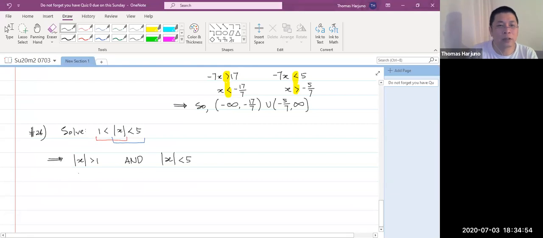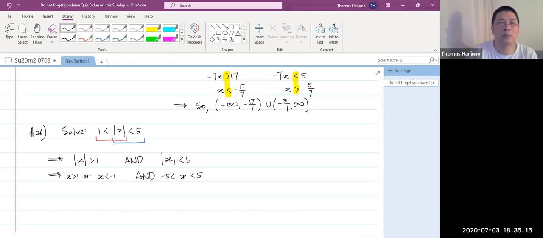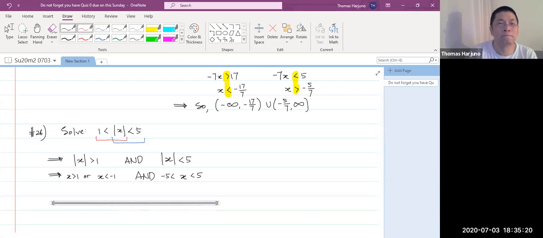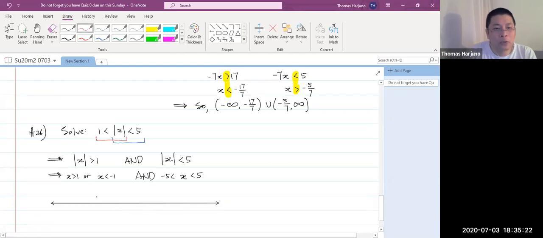Absolute of x greater than 1 implies x is to the right of 1 or x to the left of negative 1. And x is between negative 5 and 5. Now let's try to picture what this means. The first one is, it is to the right of 1.